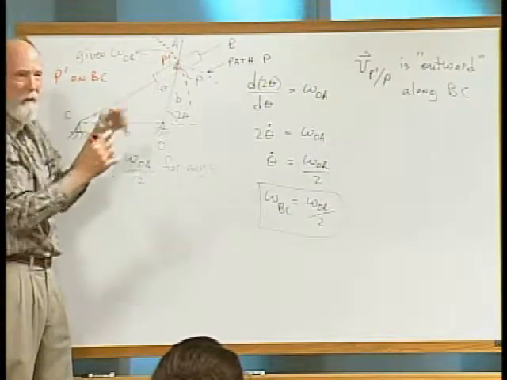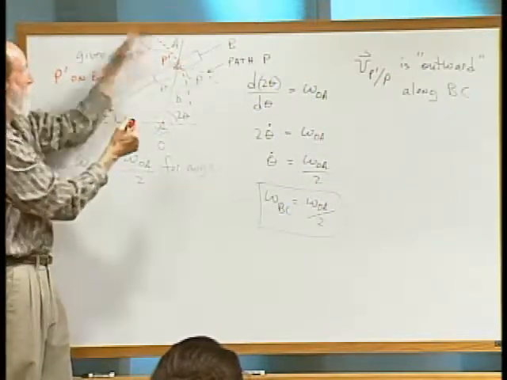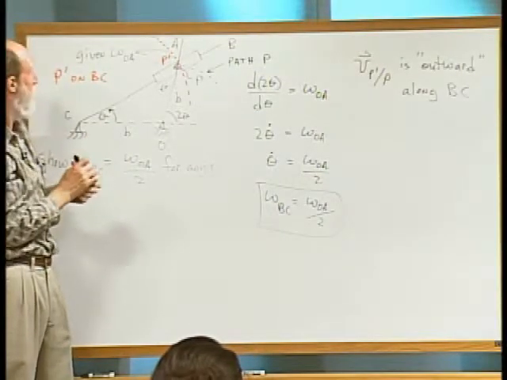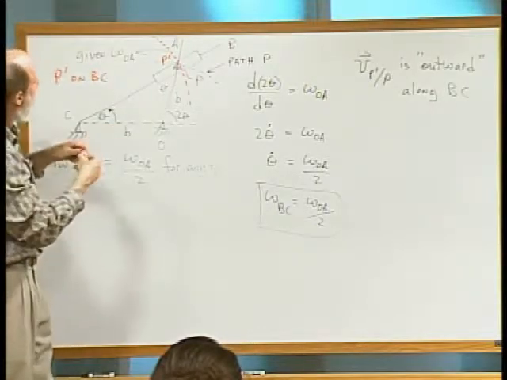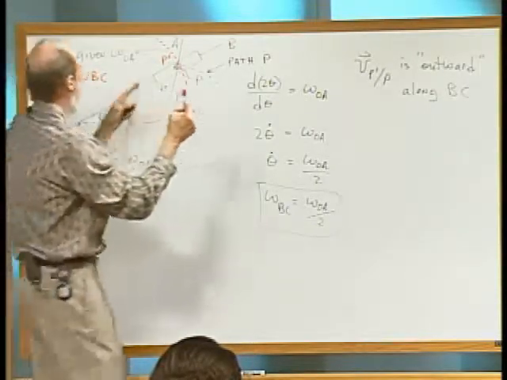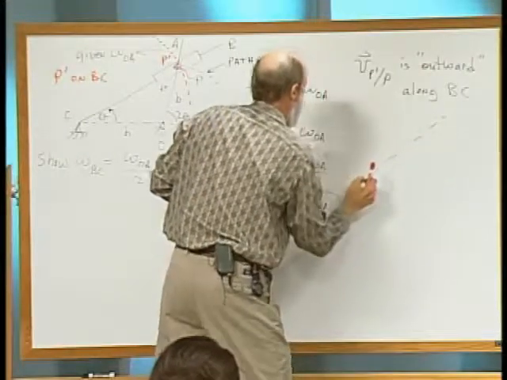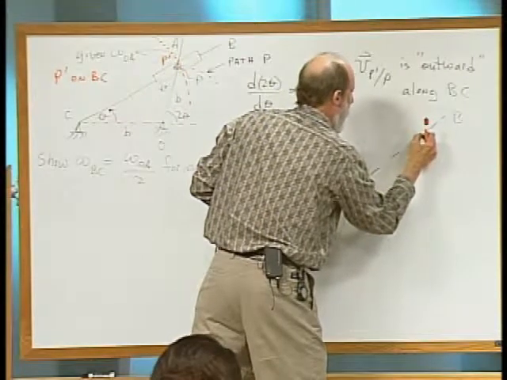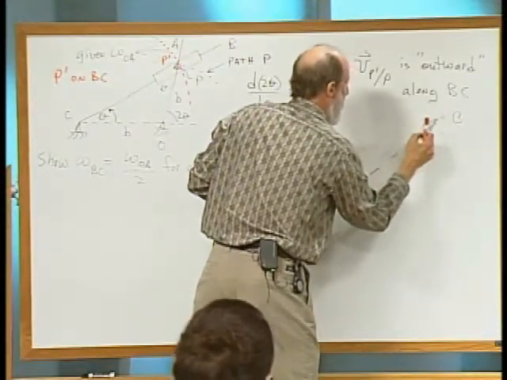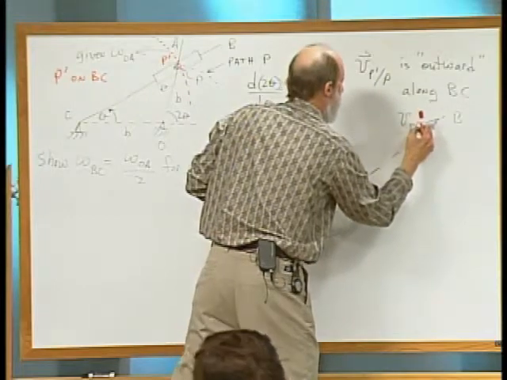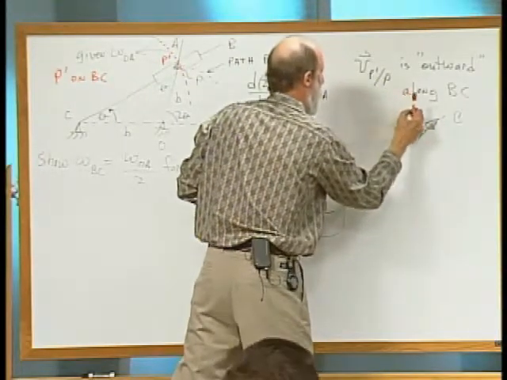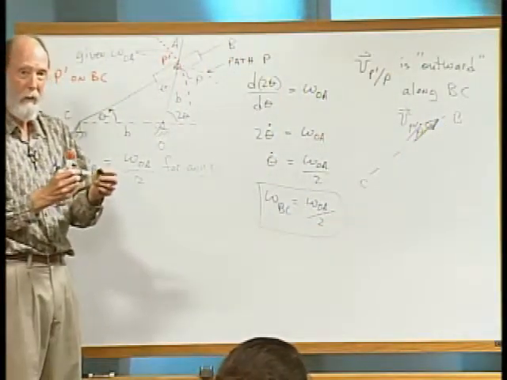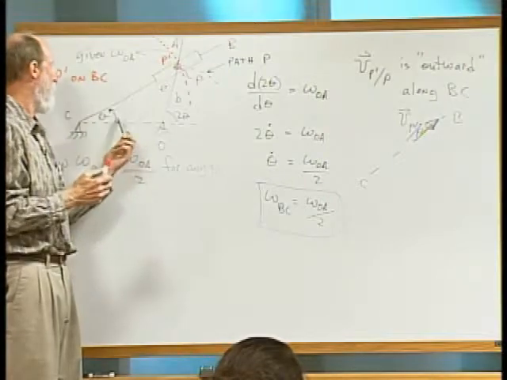I don't have the nice visual aids that we could do in a lab where we could actually set that up, but you can easily see it if you build it. And so there's a relative velocity of P prime, here's your BC arm, and the relative velocity is that direction. It's outward that way, if you allow a slight increase in these angles to occur.